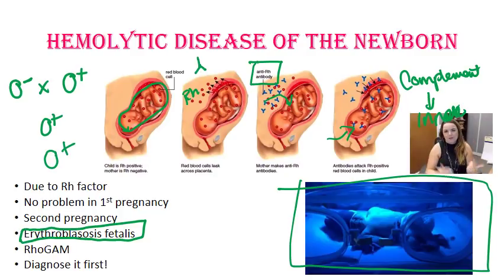Even better than little baby tanning beds is actually RhoGAM. And RhoGAM is what we can do to prophylactically treat Rh mismatch. Hemolytic disease of the newborn can be completely prevented by treatment of the Rh negative mother with RhoGAM. This is just a preparation of human anti-RhD IgG antibodies.